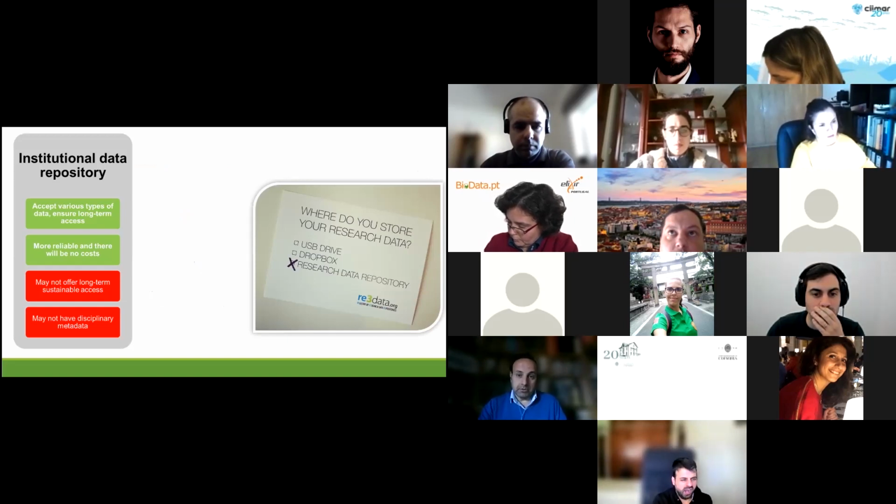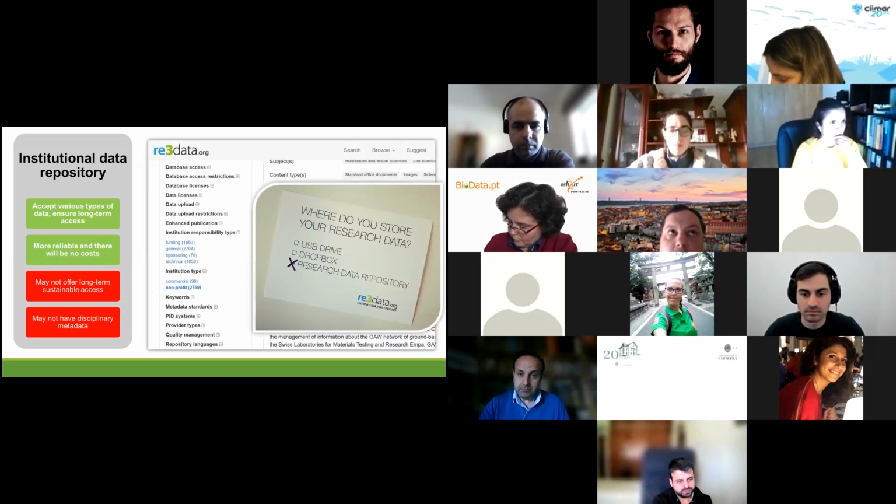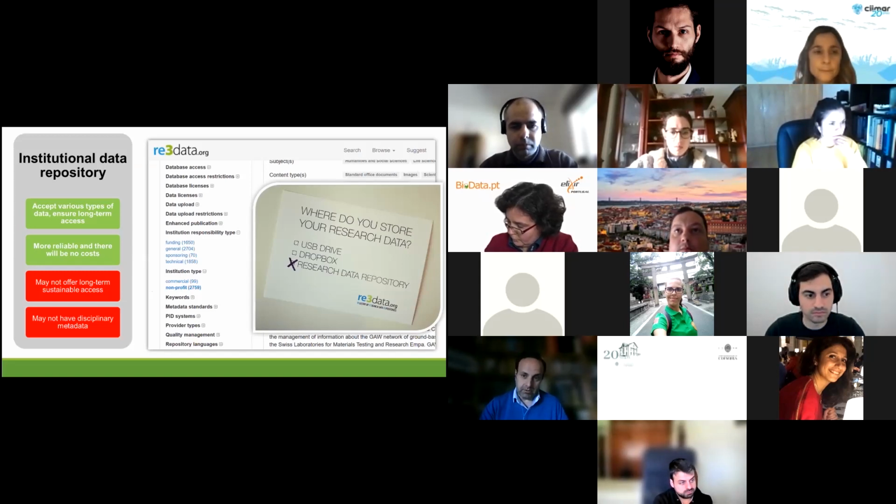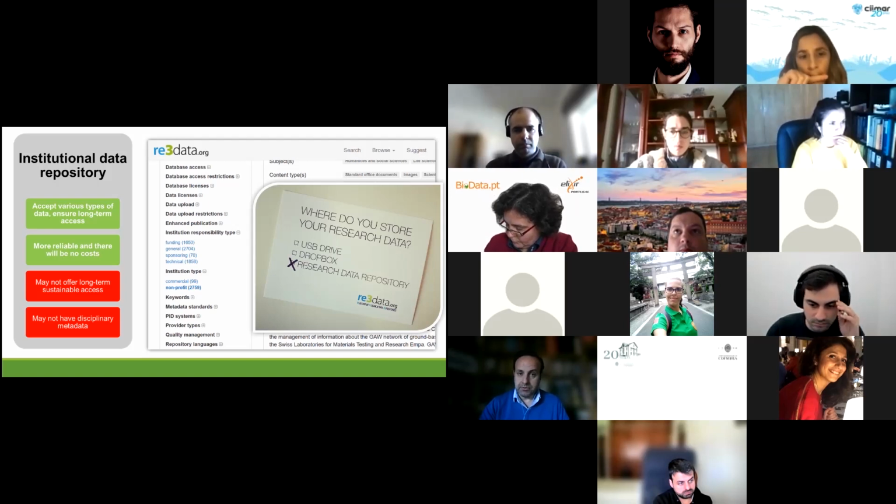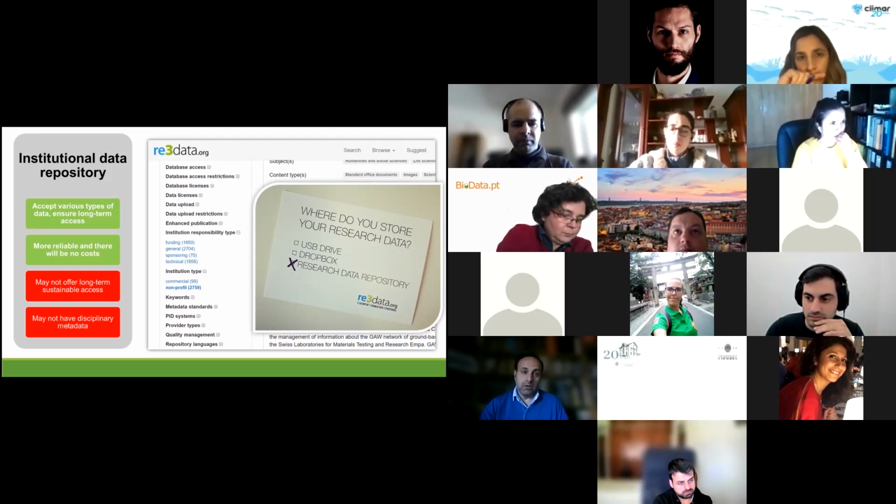Second way, institutional data repositories. If you go to Re3Data, you will find different types of institutional data repositories, from non-profit organizations, universities, and also some national facilities in some countries, even in Europe. This is a very interesting solution to ensure that we keep the data in our institution to be reused by our researchers.